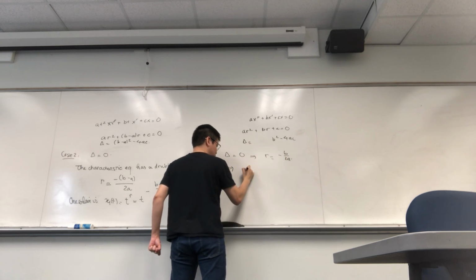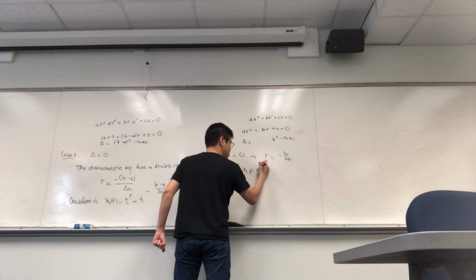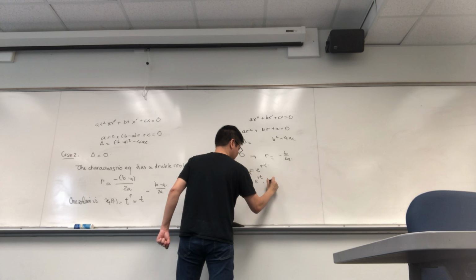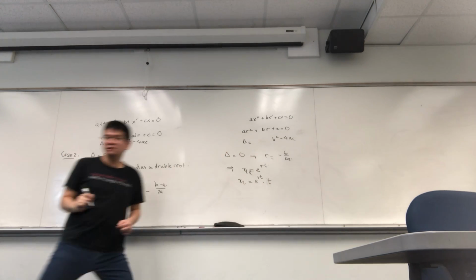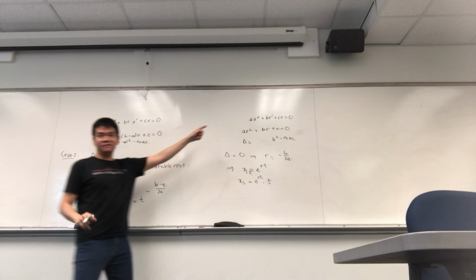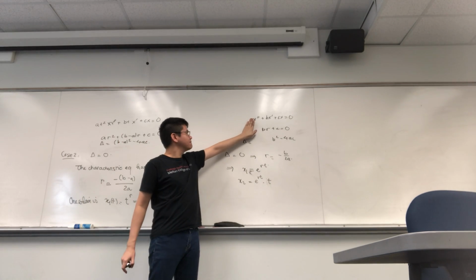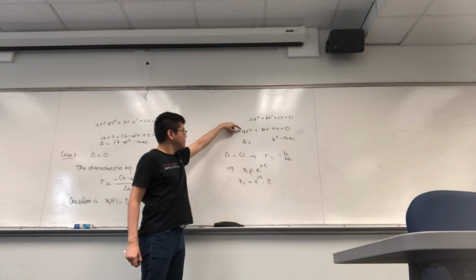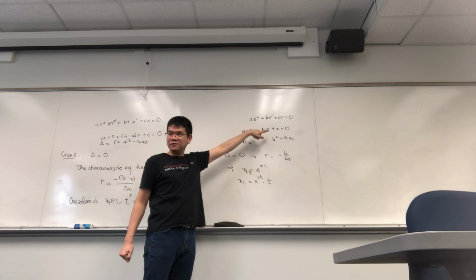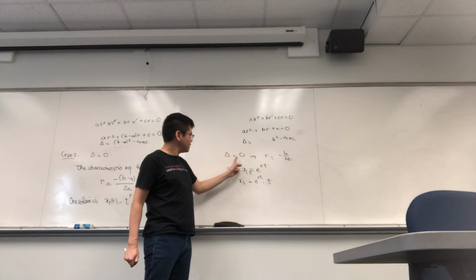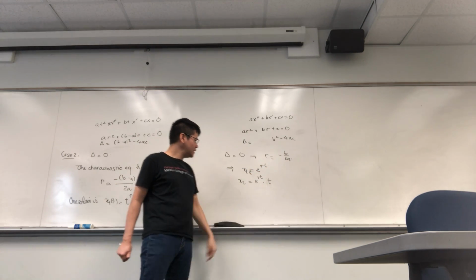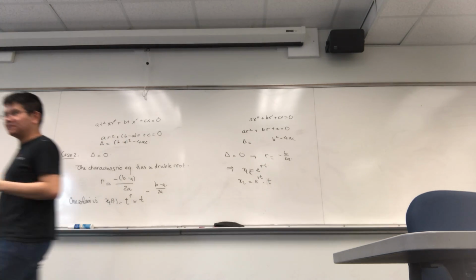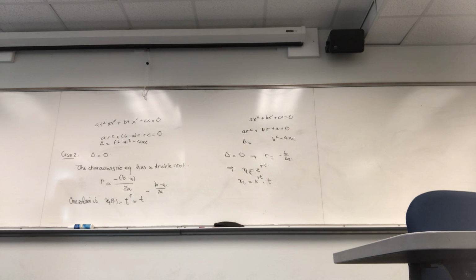And then this gives you x1 is e to the rt, and x2 is x1 multiplied by t. Any suggestion for this case?